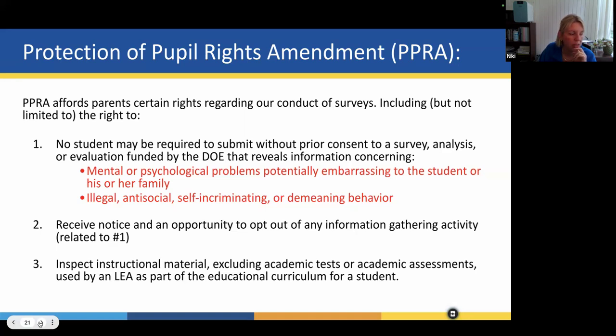We must make sure that families are receiving notice and an opportunity to opt out. And you should be able to inspect instructional material, excluding academic tests or academic assessments, right? We want to maintain the privacy of our tests used by an LEA as part of educational curriculum for a student. Okay, so just be aware that PPRA does protect your rights in this area.